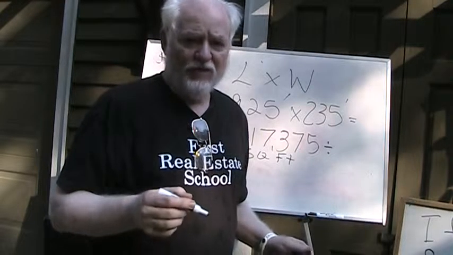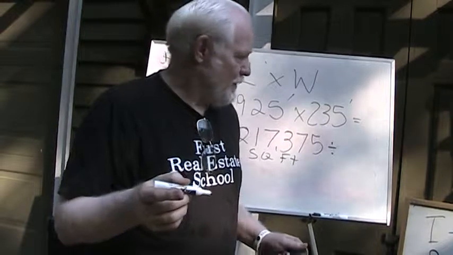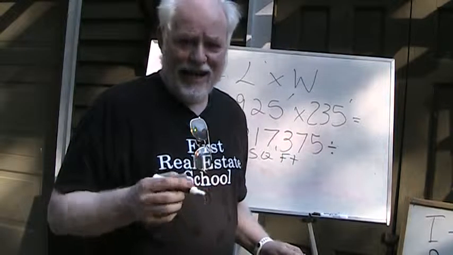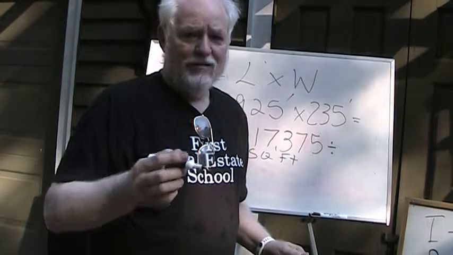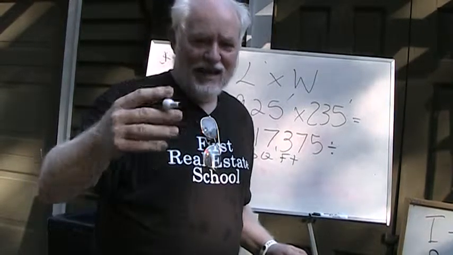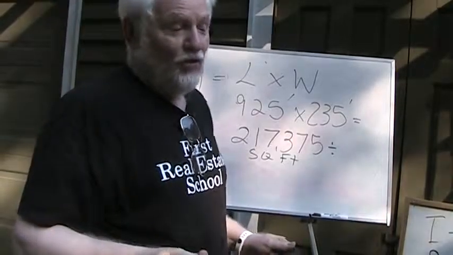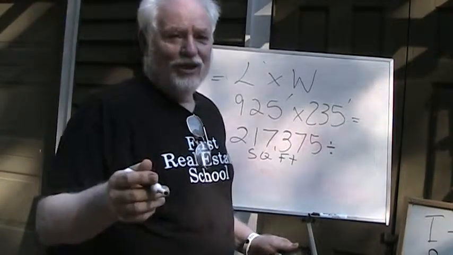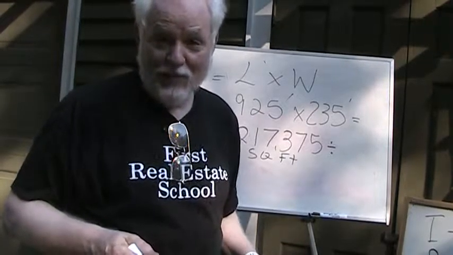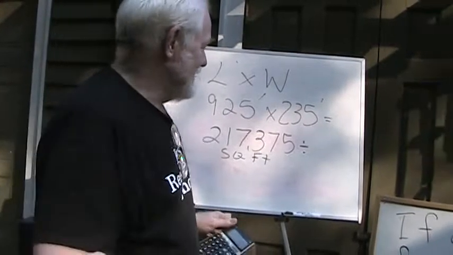Y'all remember how many square feet are in an acre? Well, if you need to go look it up, you're in a bucket of trouble because you won't have anywhere to look it up when you get to the North Carolina real estate exam.